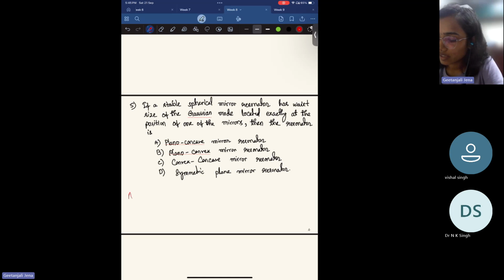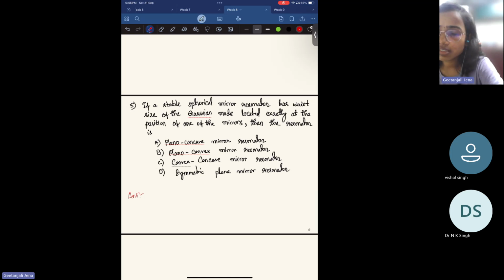So let me read out the question. The question says, if a stable spherical mirror resonator has the waist size of the Gaussian mode located exactly at the position of one of the mirrors, then the resonator is... So it is asking about what type of mirror resonator system.